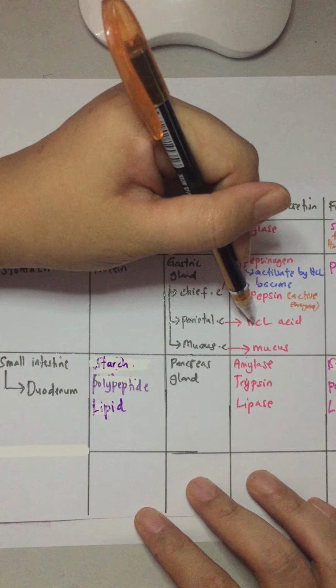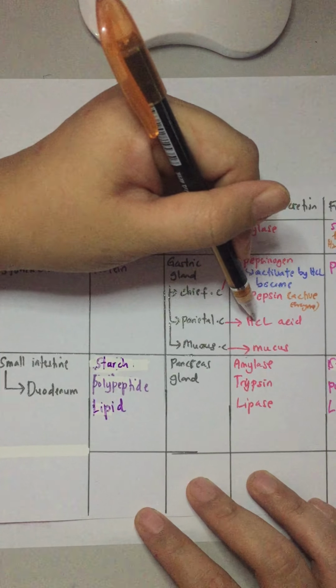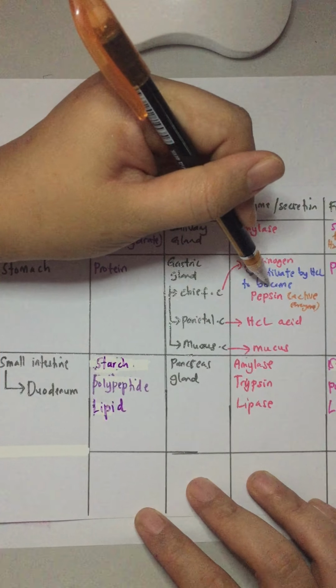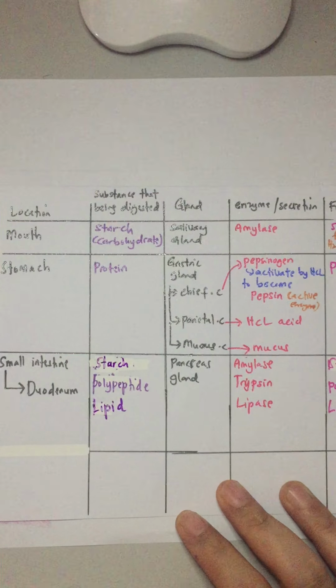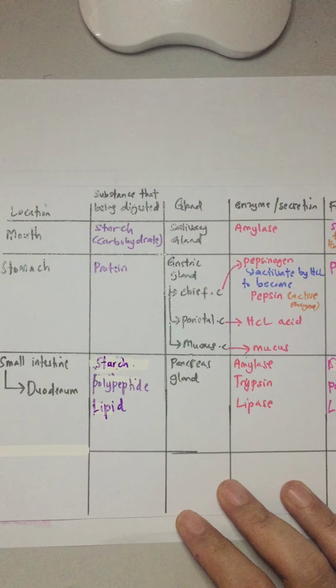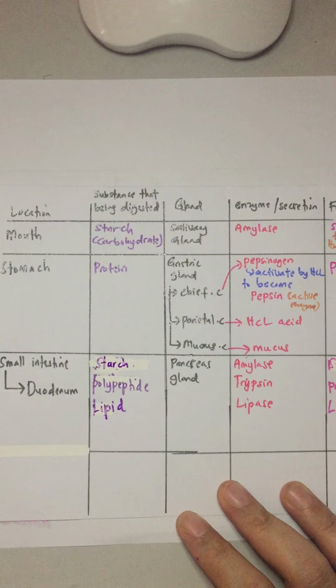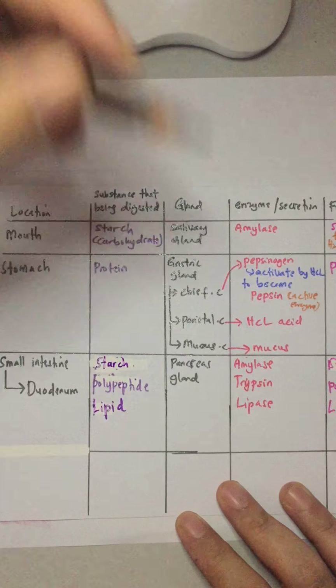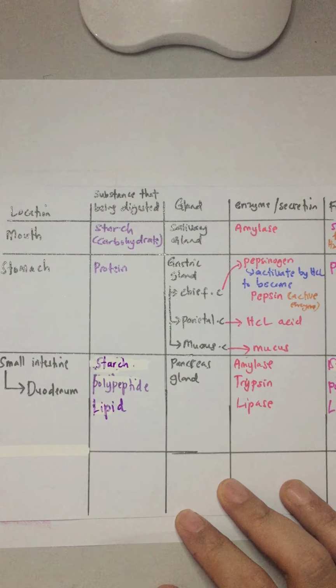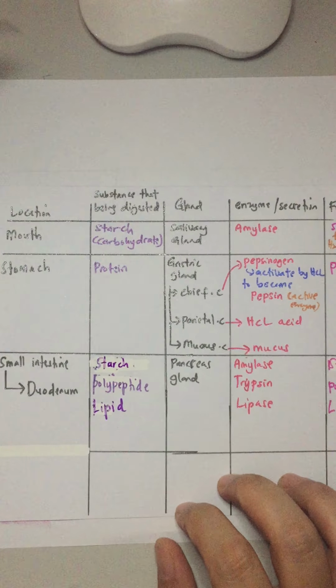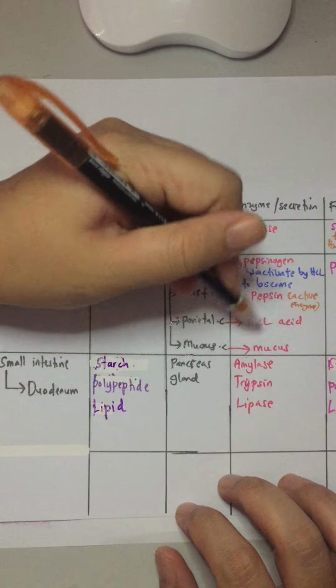It secretes hydrochloric acid. Hydrochloric acid is to activate the pepsinogen, and of course you know, to kill the bacteria. You can read it in the textbook, on page 146 about the function of hydrochloric acid, and of course the function of mucus. Mucus is to protect the stomach wall from the reaction of hydrochloric acid. This is stated in our textbook.